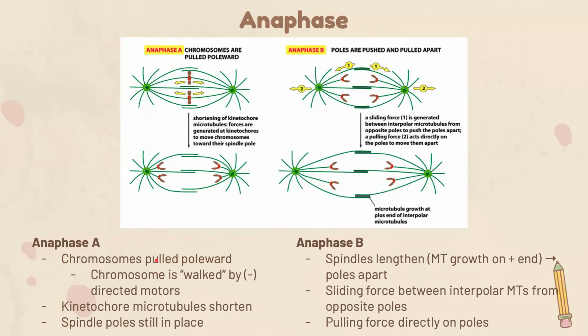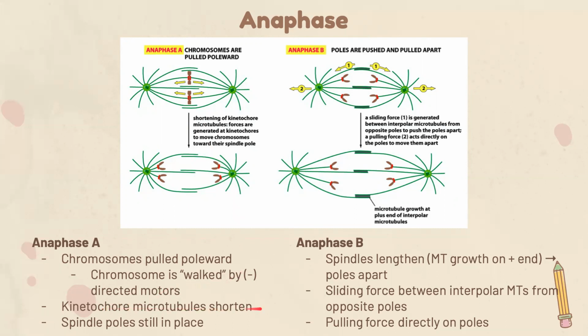And then these are the different ways that A can occur and B can occur. So if your chromosomes are pulled poleward, that's of course A. They can be pulled by dyneins, so minus-end directed motors. If you have your dyneins at the kinetochores, they can walk towards the minus end and chew back on the microtubules and shorten them, so that as this gets shorter, the chromosome is going to move closer towards the spindle pole.